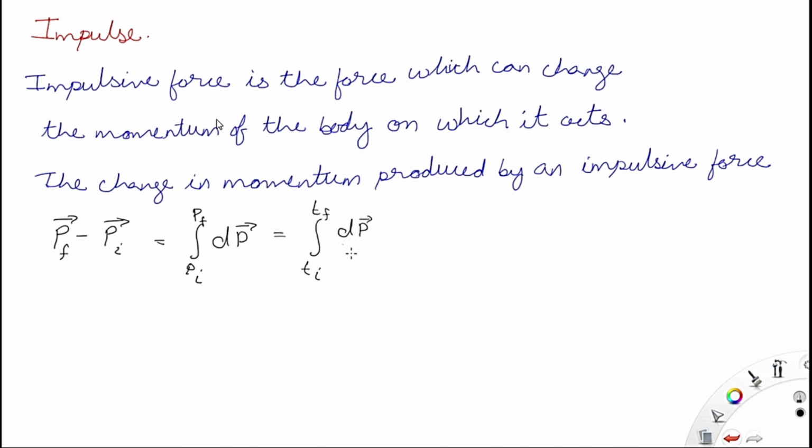The change of linear momentum produced by an impulsive force is equal to Pf minus Pi, which is the integration of dP, which is the integration from Ti to Tf of dP by dt into dt. dP by dt, the change of linear momentum with respect to time, is known as force, so F dt is known as impulse.